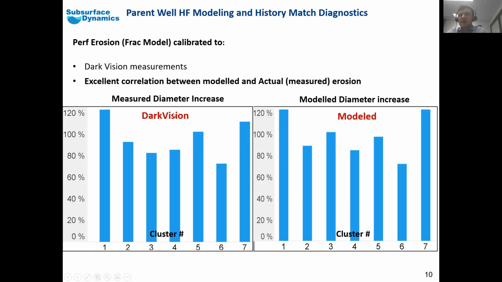And on the left side, you can see the results of the DarkVision, an ultrasound acoustic tool that you can run after your completion job to measure the erosion on each and every perf. As you can see, it's not a perfect match, but it's a pretty good match in terms of what we can predict and what is actually happening within your wellbore.